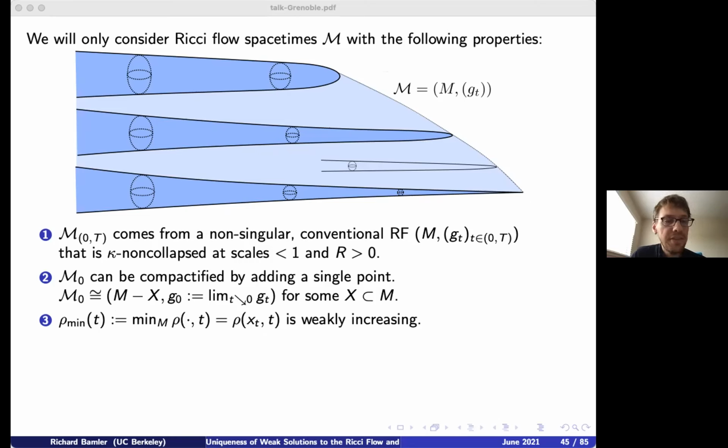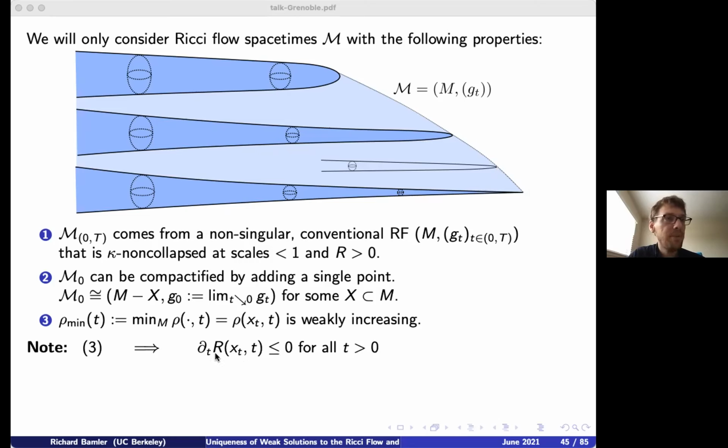So rho min is of course 0 at time 0, and then I want it to strictly increase. Recall this condition has an interesting consequence. It implies that at the tip where the minimum is attained, the time derivative of the scalar curvature has to be non-positive. But recall, if we're at small curvature scales, we're going to be very close to a kappa solution. On a kappa solution, the opposite inequality is true.